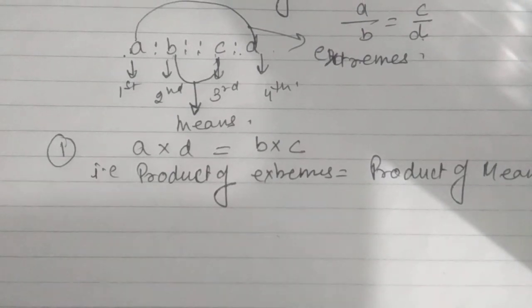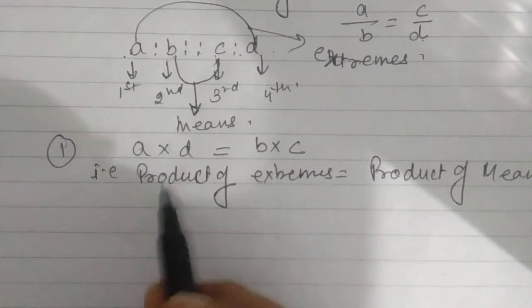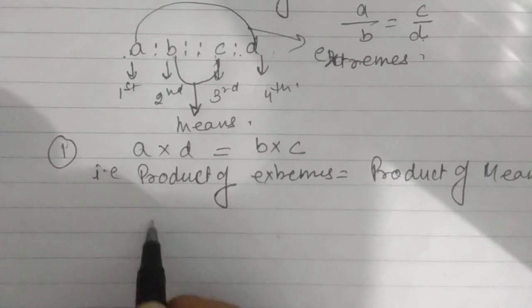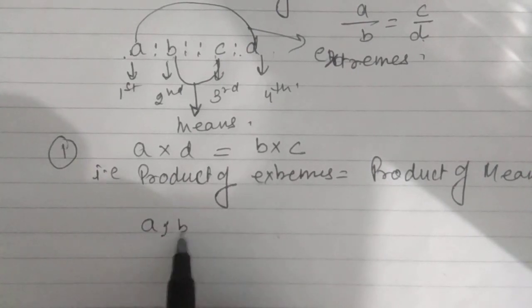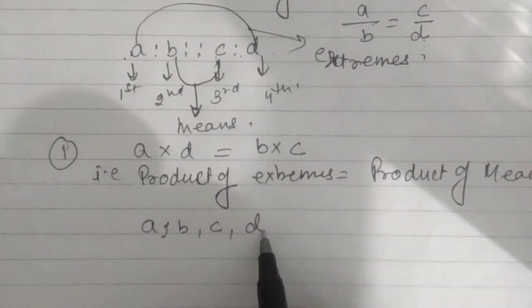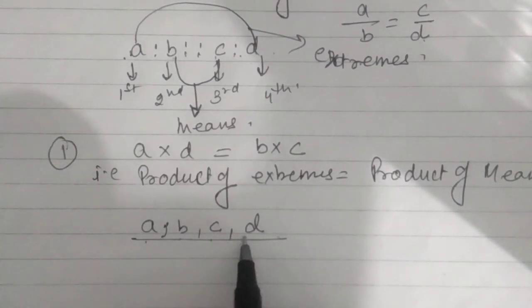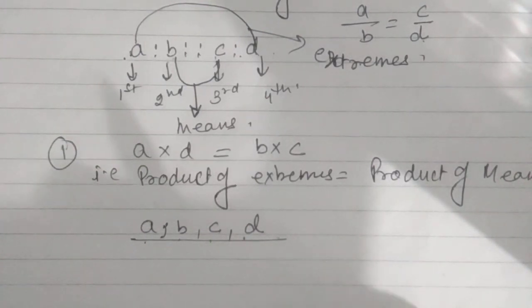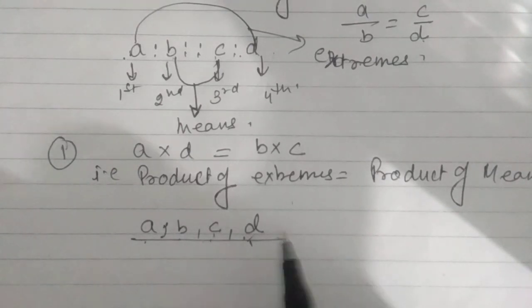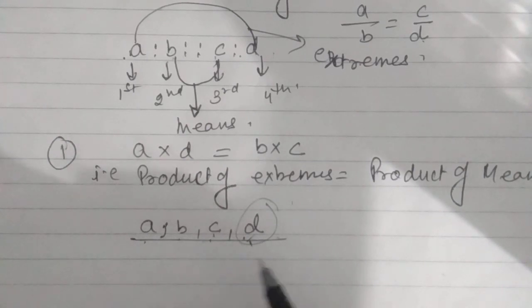And when we have these four terms in proportion, a, b, c and d are in proportion. This is the first proportional, the second, the third, and the fourth proportional to a, b, c. So if there are questions where d is missing, like a, b, c are in proportion, find the fourth term, then d is the fourth proportional to a, b, c.